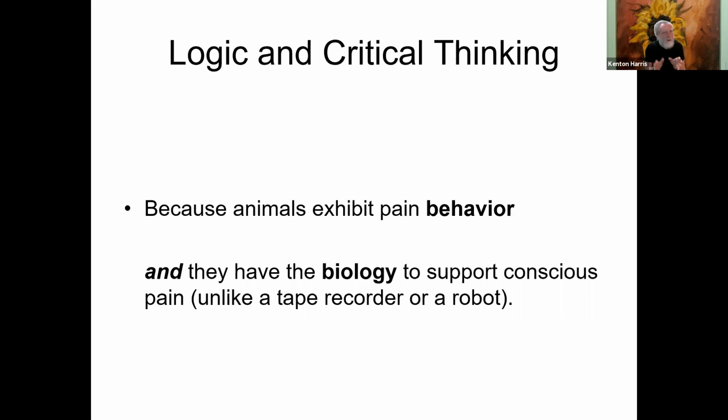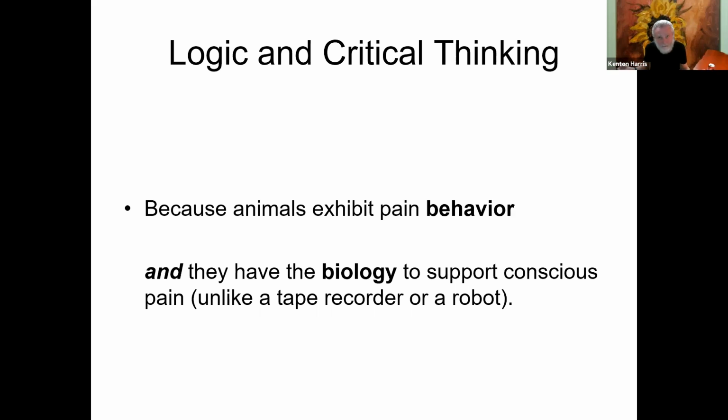So what we know about pain from our own personal experience is that, yes, it usually coincides with certain characteristic behavior, but it also coincides with a certain biology, that you need a brain and a central nervous system. So notice, if you stop the impulse from my hand to my brain and you interrupt it at any place along the way, you could set my hand on fire.